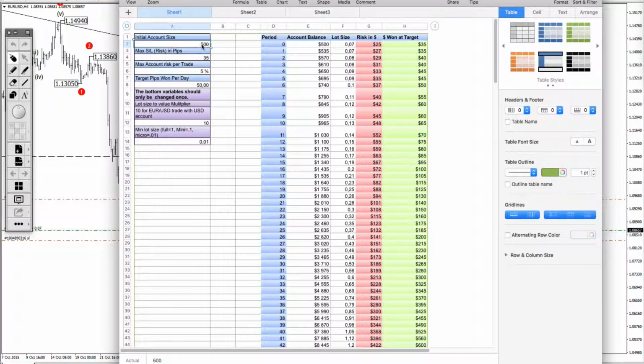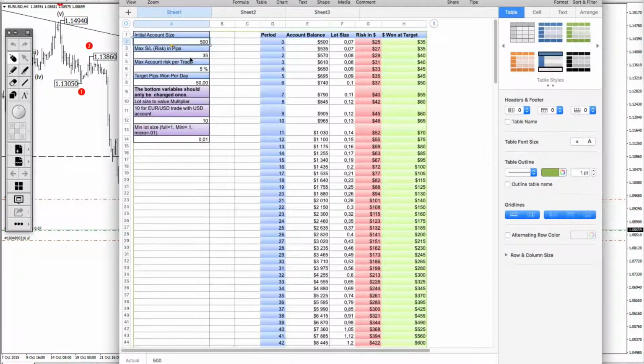I have 500 now, so it shows that I should trade with 0.07 lot sizes initially if I have maximum risk of 35 pips and maximum account risk of 5%. Also, it will show me how to progress with my lot sizes.